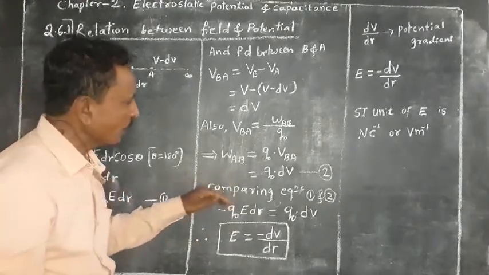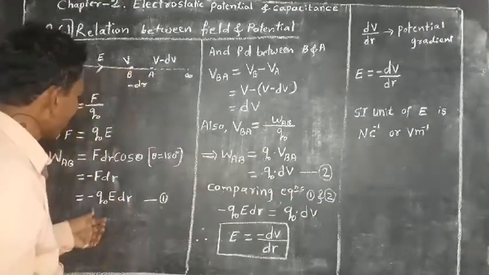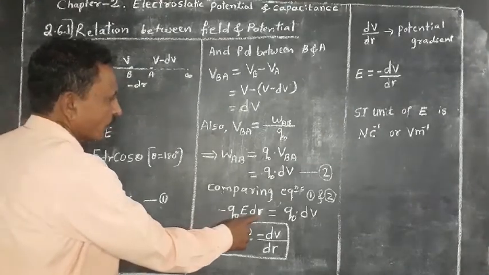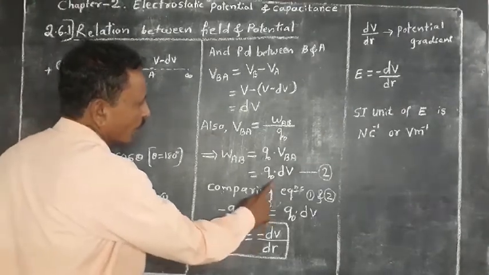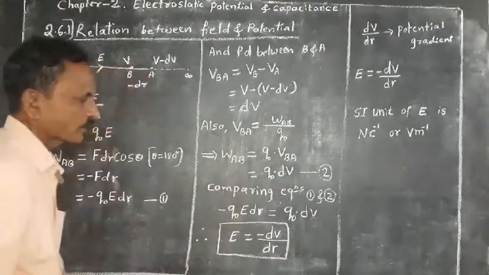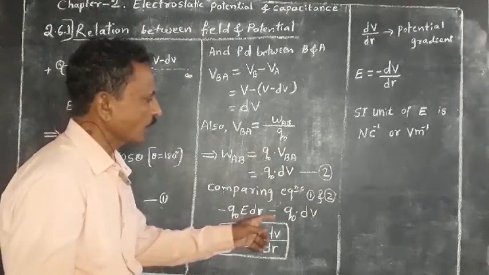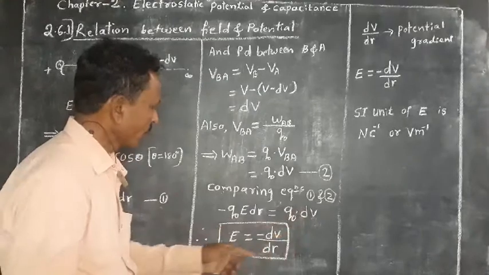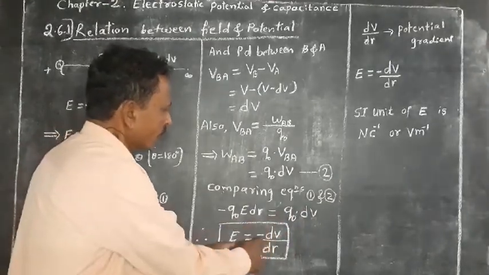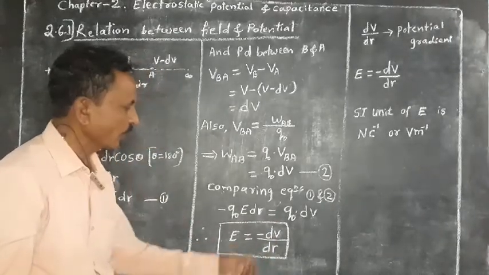Hence, comparing equations 1 and 2: minus Q naught E into dr is equal to Q naught into dV. Q naught and Q naught get cancelled, remaining minus E dr equal to dV. This can be written as E equal to minus dV upon dr.